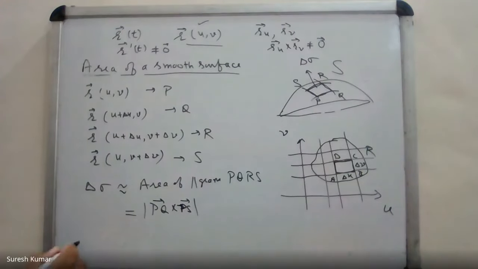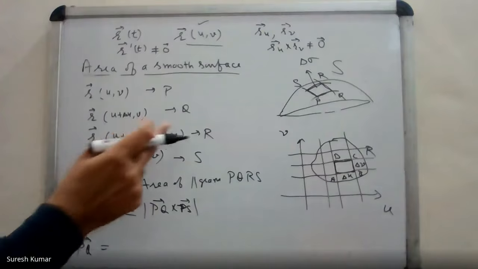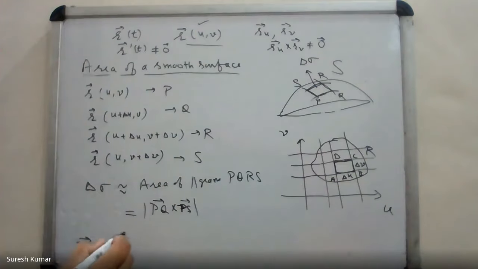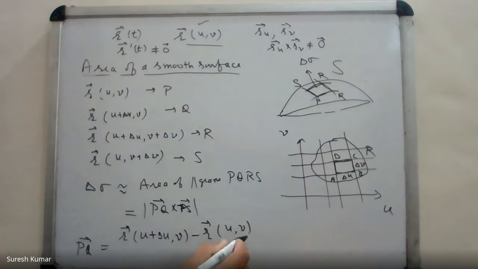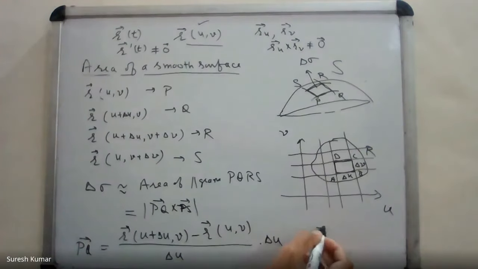Now let us see what PQ is separately to save space and calculation. PQ vector means R(u plus delta u, v) minus R(u,v), which I divide and multiply by delta u. What is this whole expression approximately? The partial derivative of R with respect to u, clearly, into delta u.